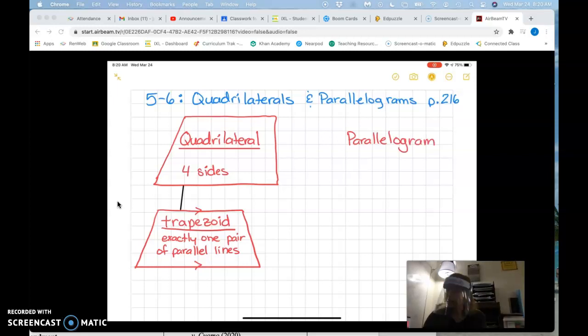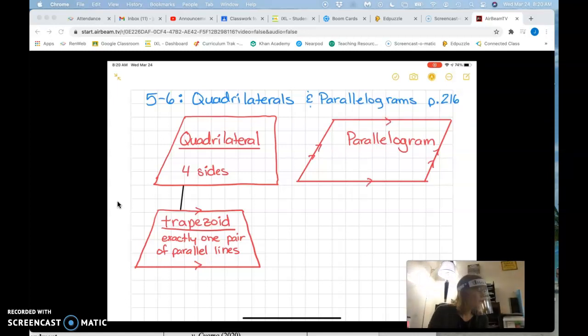So a parallelogram usually looks something like this. And we're just going to pretend that these are parallel, even though they don't really look exactly parallel. But a parallelogram has two pairs of parallel lines.